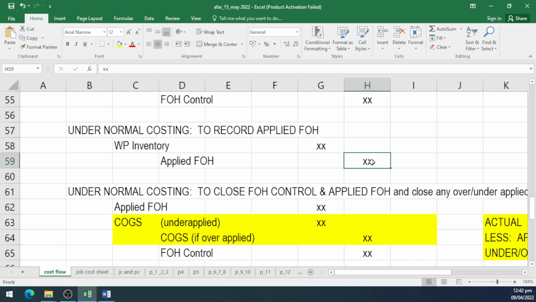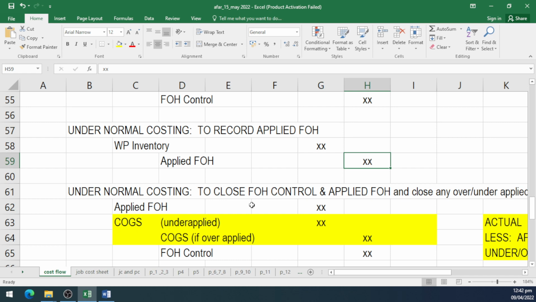Pero pag magko-compute ka na ng applied, yung predetermined rate, imo-multiply mo dun sa actual na machine hours or actual capacity attained. Yan po. Iba naman pag standard costing. Maaalaman nyo rin balang araw, dun sa ating ibang materials, or mas malamang kaysa hindi, tapos nyo na rin yan sa MAS.